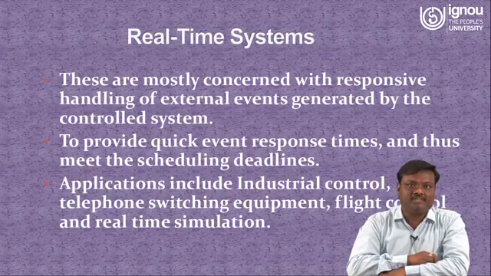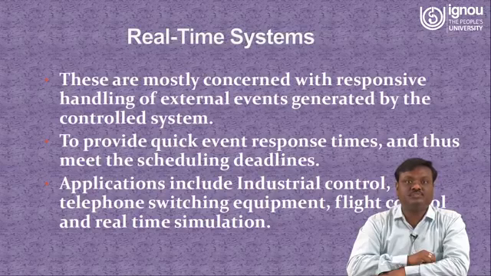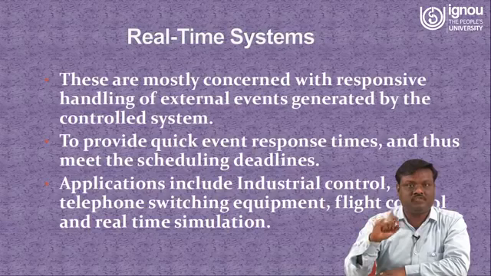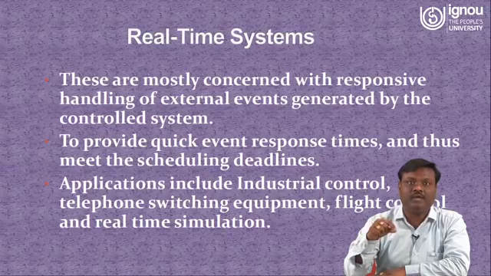The other kind of systems we can talk about is the real time systems. Here you can notice, real time. The response should be very real and immediate. There should be a spark response for the events that are being triggered. Suppose if it is unable to handle such requests, then there may be a hazard.